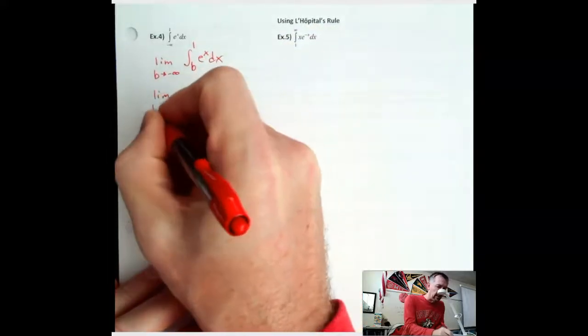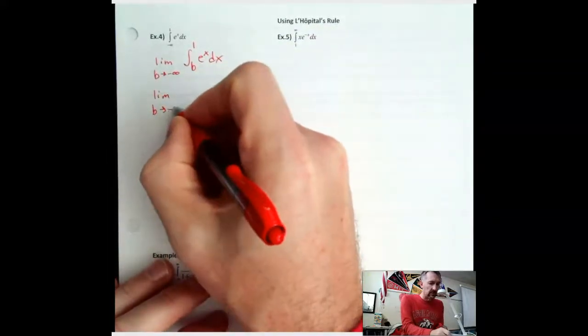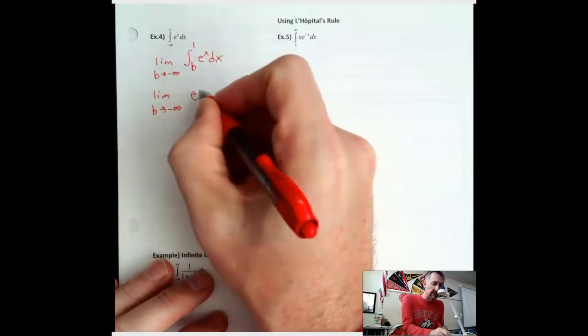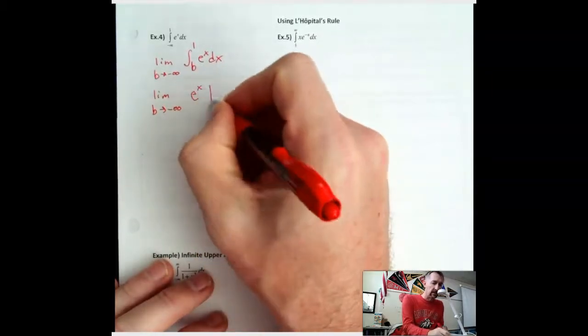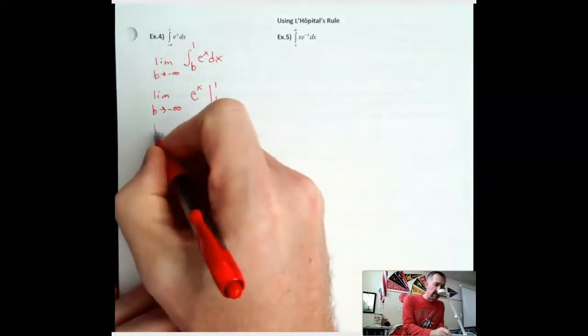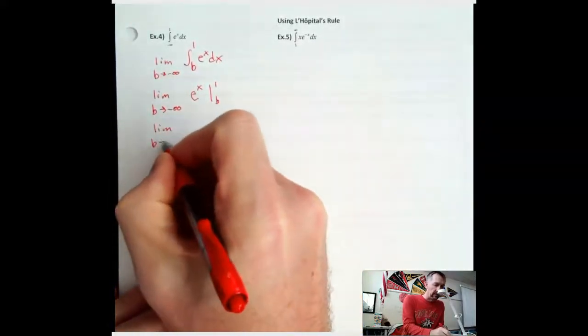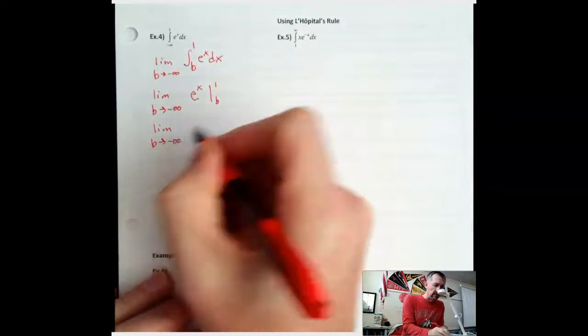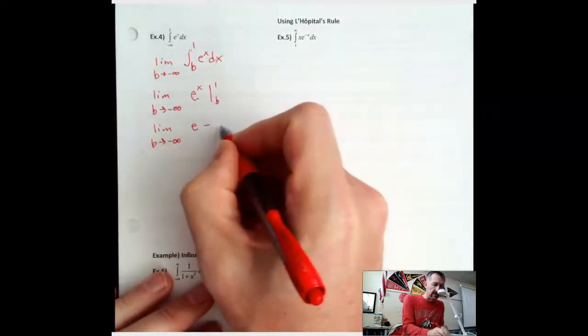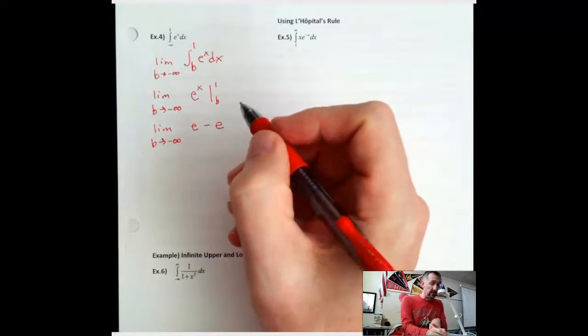So limit as b approaches negative infinity. If we integrate e to the x, we get e to the x, and from b to 1. So that is, one more time, the limit as b approaches negative infinity of e minus e to the b.